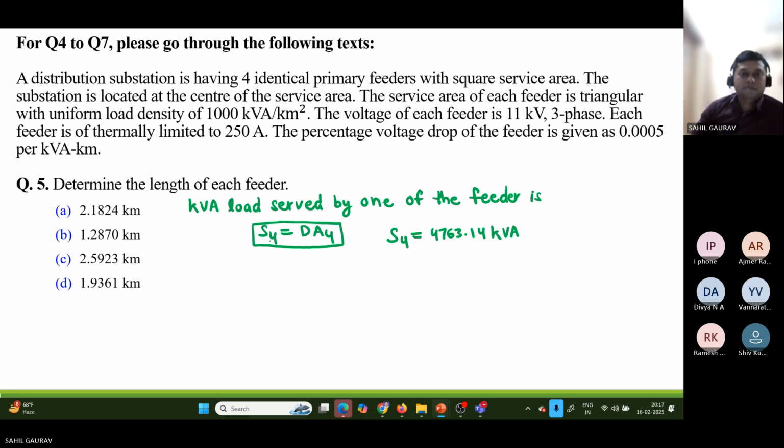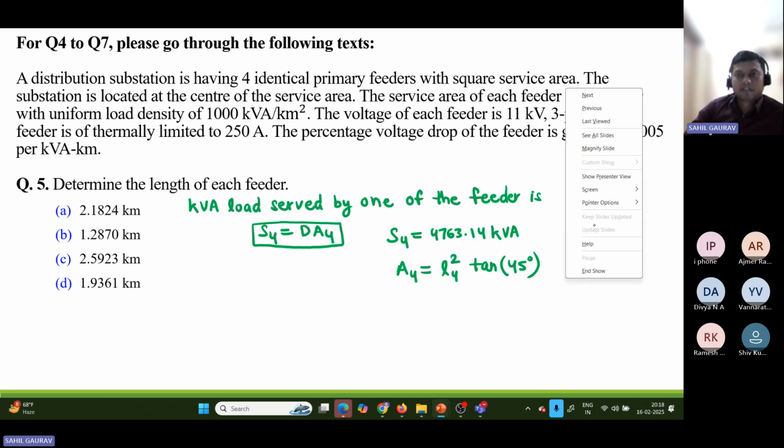Now you have to find this A4. If you write the general expression, first I will write tan 45 degrees. This is the A4 expression.